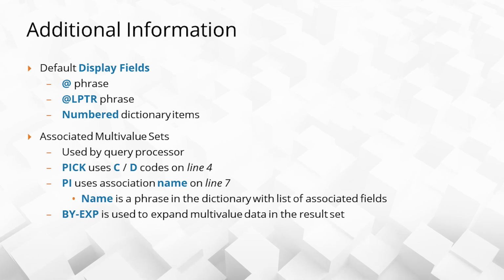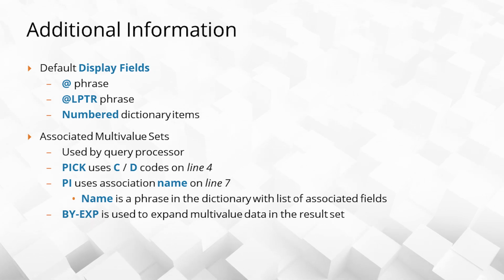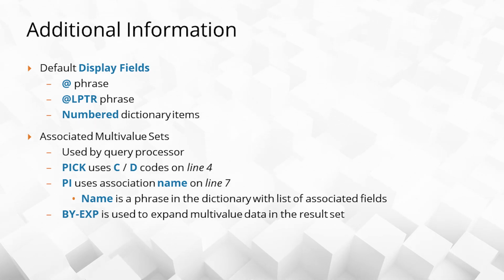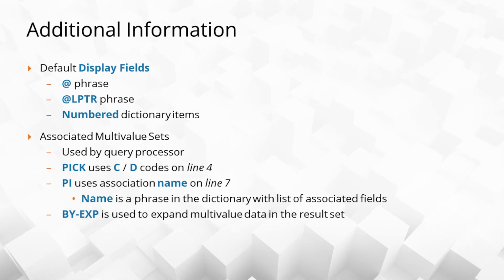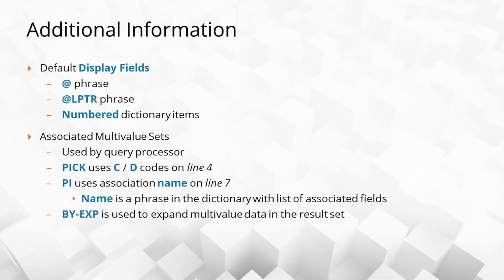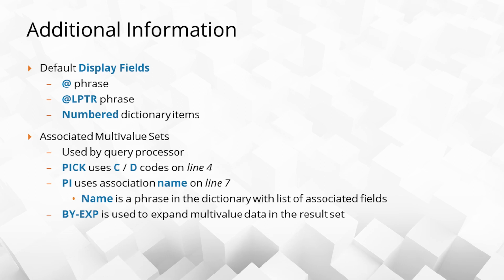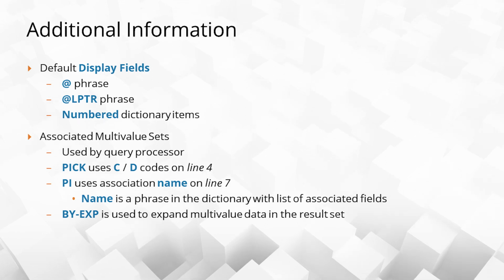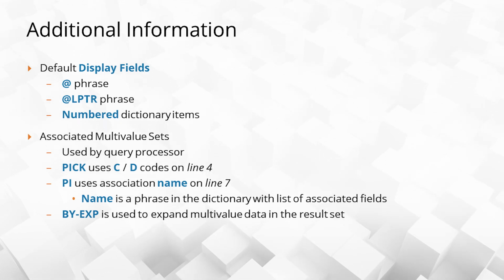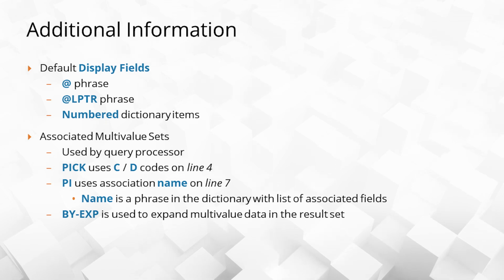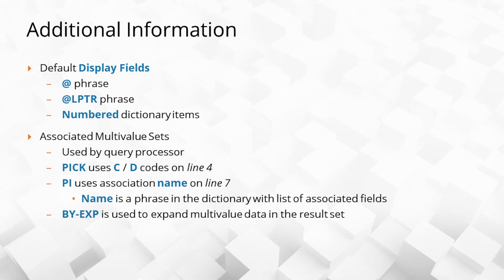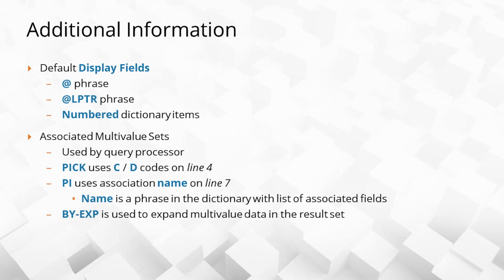And finally, associated multi-values. One of the most useful features in the multi-value database is the ability to put multiple values in a field. Often though, you'll have sets of multi-values. You'll have several fields that all are related together and each have corresponding values.